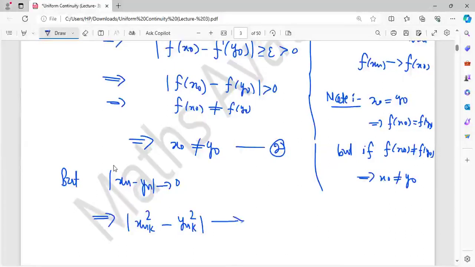So this will also tend to 0. But these sequences are already tending to x naught and y naught. So what does it mean? x naught minus y naught is equal to 0, because x_{n_k} and y_{n_k} are tending to x naught and y naught respectively.